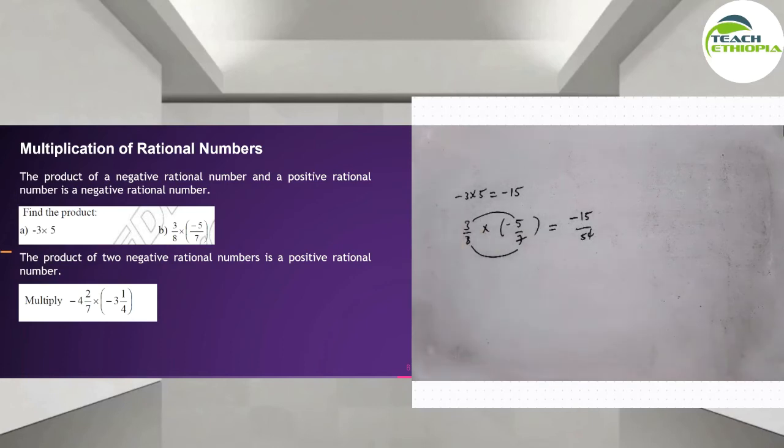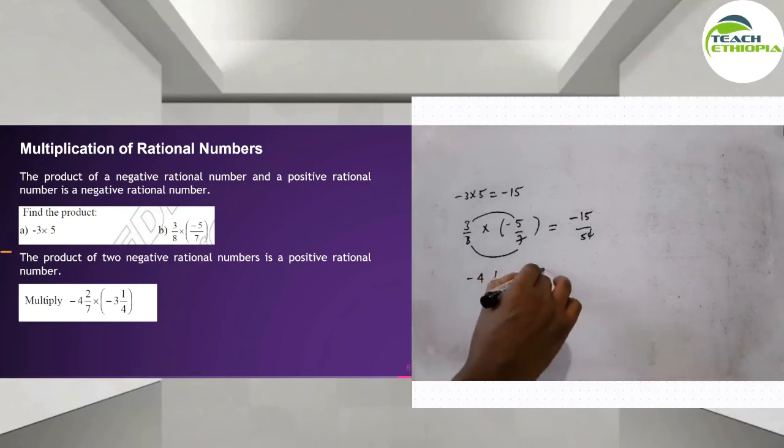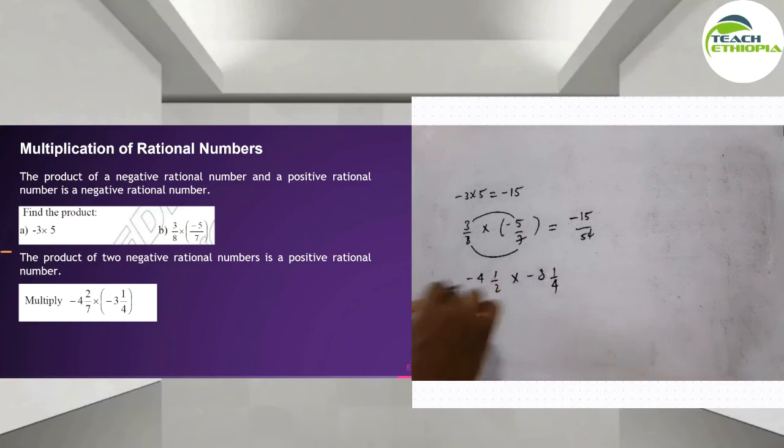Minus 4 1 over 2 times minus 3 1 over 4. First let's convert into fraction. So 4 times 2, 8 plus 1, 9.